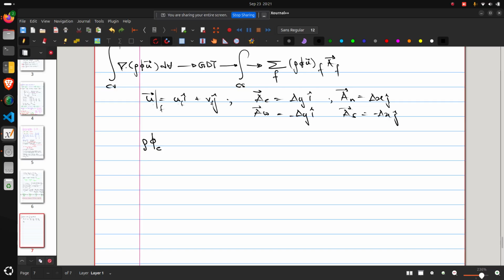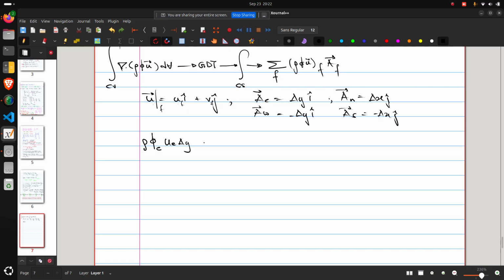Let's not go into details of how the u is coming. We'll see later, when we solve the proper Navier-Stokes equation, how we get the u value, which is also a dependent variable in that case. So for now we'll assume that u at the face is known. In the east face this will only be u east times delta y, and the i cap will get cancelled. So u e and delta y.